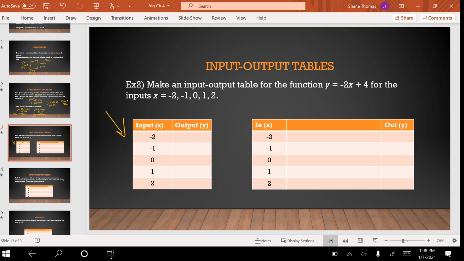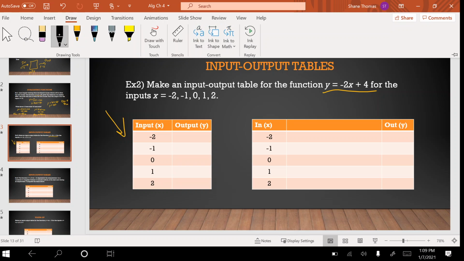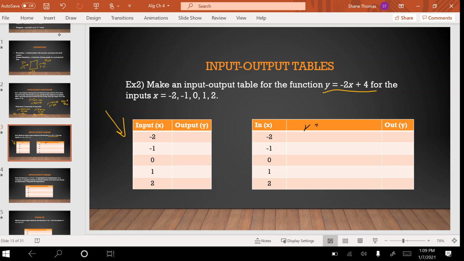So I already have the inputs listed. This guy here on the top is my function. So let's do this one together, and then I'm going to have you do one on your own. All right, so what I'm going to do, I'm going to copy this function down to the top line. All right, negative 2x plus 4.